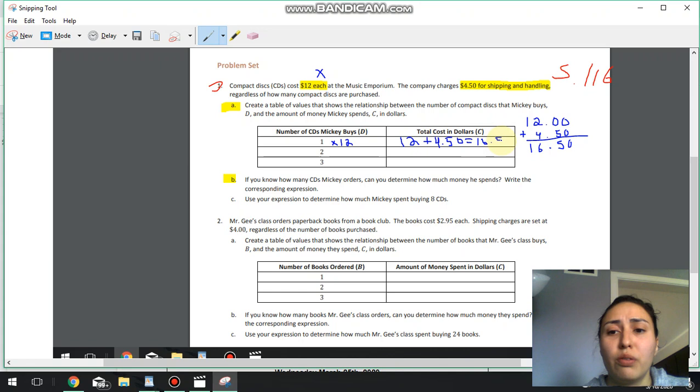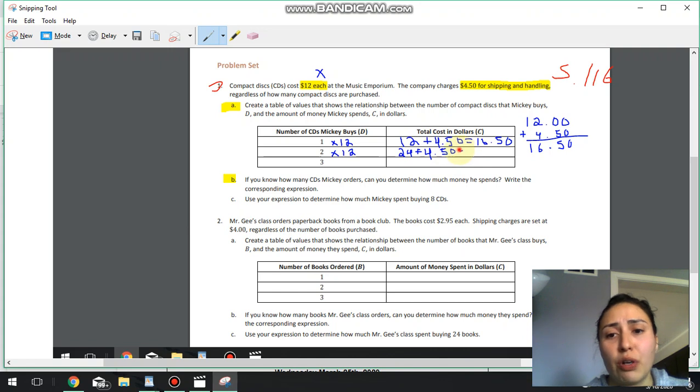Okay, so we're going to do the same step for 2 and 3 CDs. We have to multiply by 12. So 2 times 12 is 24. And again, we can't forget we're paying shipping and handling, so we have to add $4.50 to our bill.